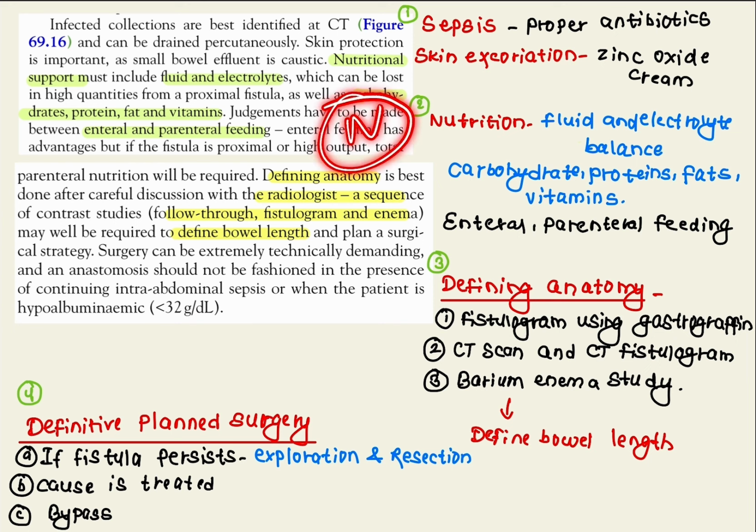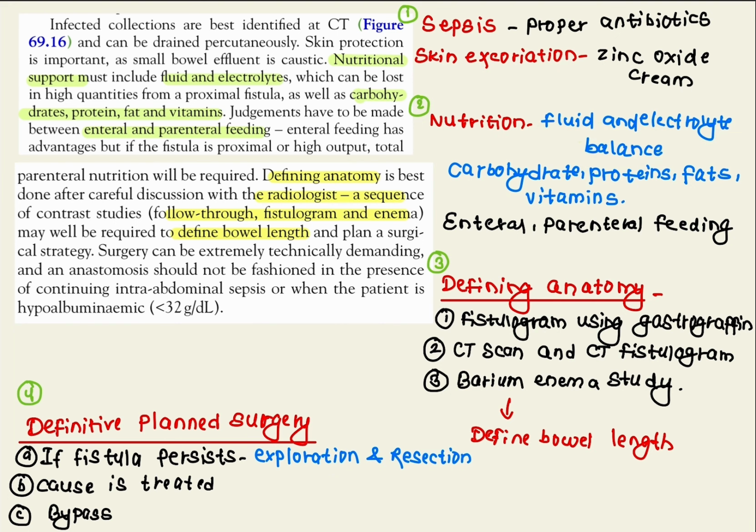Now N stands for nutrition. Nutritional support must include fluid and electrolytes, especially in a high output fistula, because in a proximal high output fistula, large quantities of fluids and electrolytes are lost. So fluid and electrolyte balance needs to be maintained.